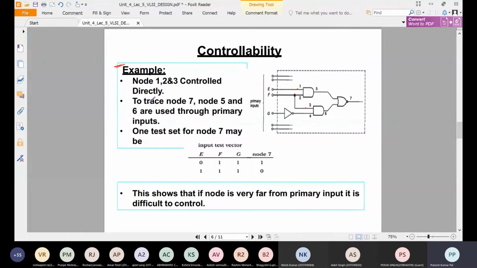Also, we need to trace nodes 5, 6 and 7 through the primary inputs. If we want to control nodes 5, 6 and 7, we should have these three values such that we are able to control them. In this example we are checking at node 7: what should be the value of node 7, or can we control node 7 with respect to these inputs?